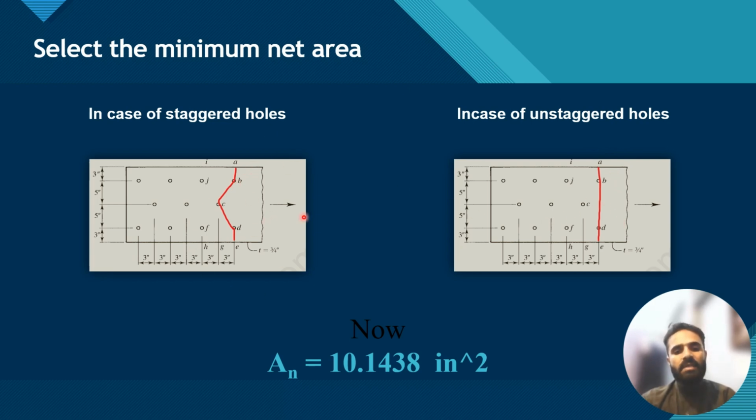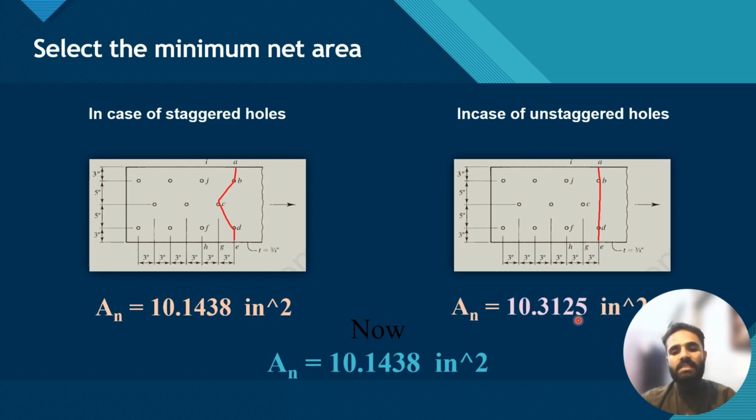In this section I am considering a staggered failure. For both, the net area for the staggered is 10.183814 inch square. For straight failure the net area is 10.3125. So you will be selecting the minimum net area. Remember this.